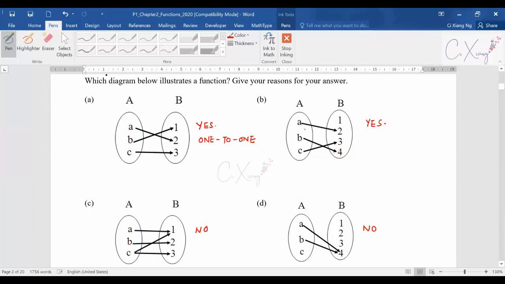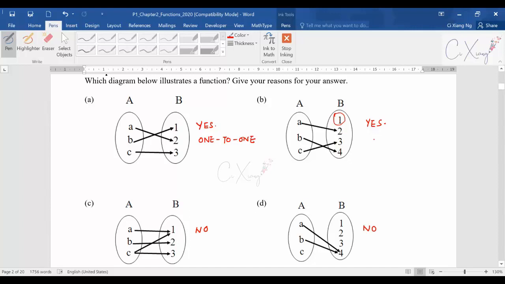All right, so it is a one-to-one relation and therefore it is a function. For part B, it is very similar to part A, just that in the range you have some value which is not assigned. In our definition, we are not concerned about this. We're only concerned that the elements in the domain are all mapped to one and only one element in the range. If there are some values in the range which are not assigned, then it's fine.